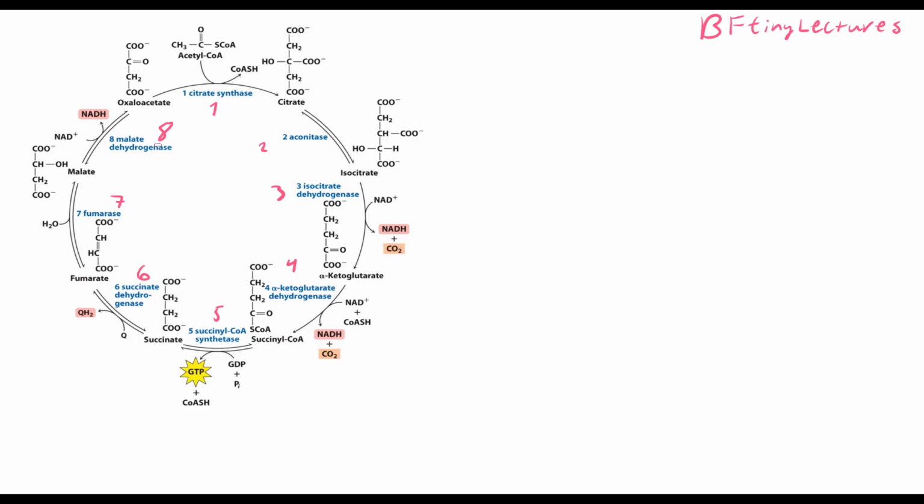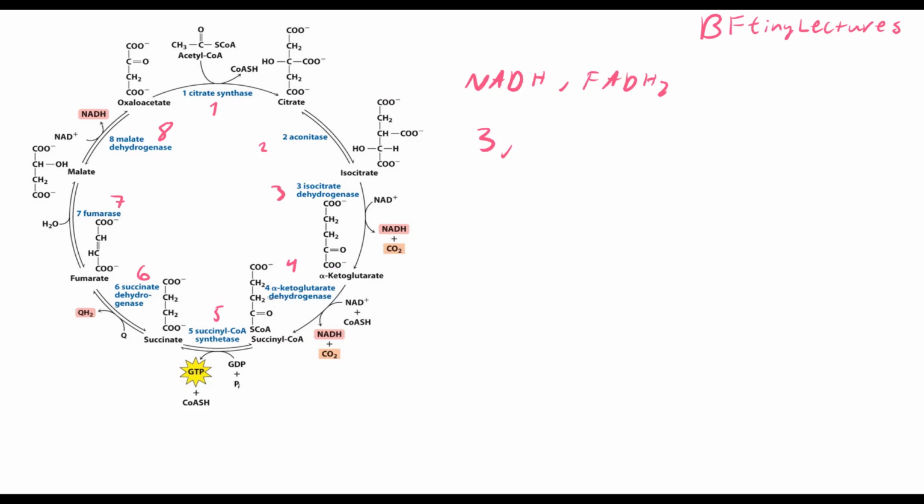So which steps actually create the electron carriers? Well, the electron carriers are as follows. The electron carriers are going to be NADH, that's an electron carrier, and also FADH2. So which ones produce the electron carriers? Let's see, step 3 follows the dehydrogenase complex, so that produces NADH.